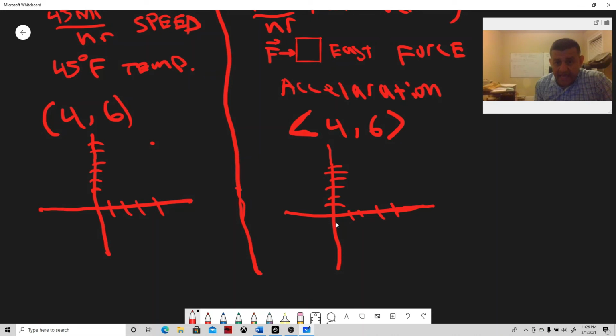Here this component goes like this. This is called the magnitude. This is a vector. It has 6 on the y-axis.